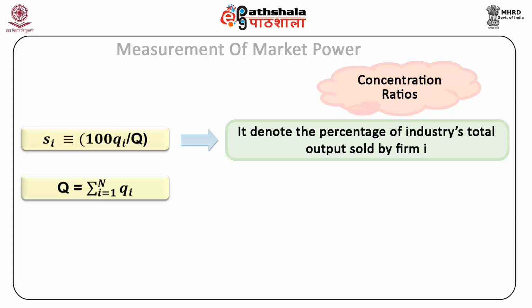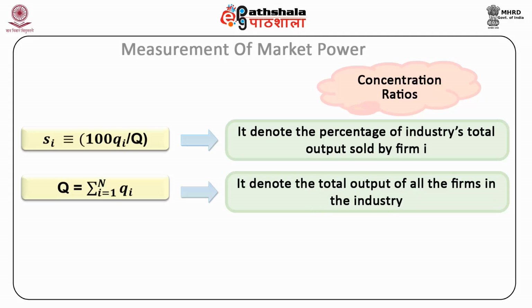Thus, capital Q equals the summation of Qi, where i equals 1 to n. Let us order all the firms in the industry so that firm 1 would have the largest market share, firm 2 the second largest, and so on.